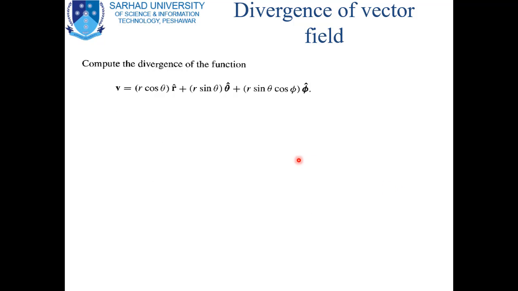In the next problem, we have to find the divergence of a function V given in spherical coordinates. We have three components: the r component, the theta component, and the phi component.